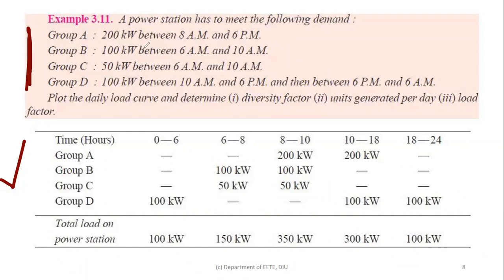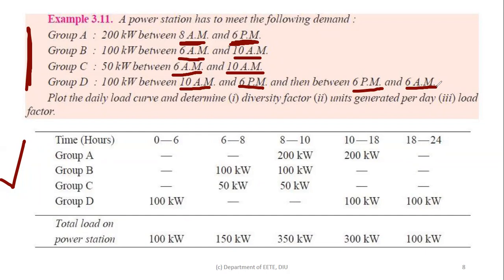Group A gets electricity from 8 a.m. to 6 p.m. For group B, it is 6 a.m. to 10 a.m. For group C, it is 6 a.m. to 10 a.m. And finally, for group D, it is 10 a.m. to 6 p.m. and 6 p.m. to 6 a.m. So this is very confusing, everyone is using power at a different time. But for that, we just need to set the sections, that is, which time zones we will divide.